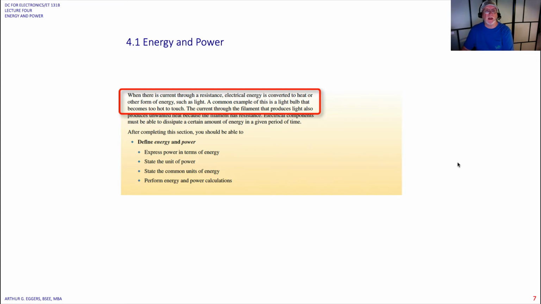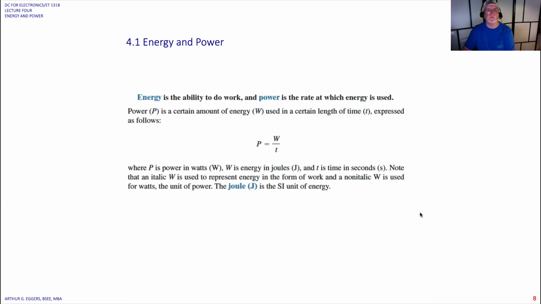So we will look at how we rate our devices so that we can understand with power and energy what is actually going on here in terms of use of current and energy.